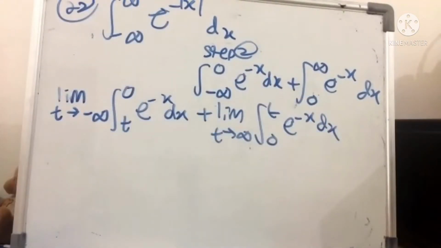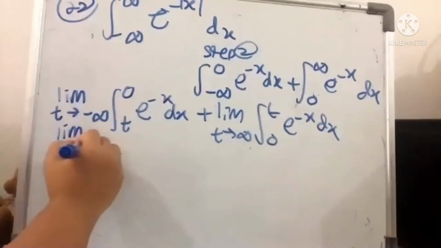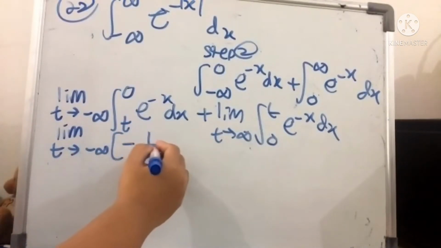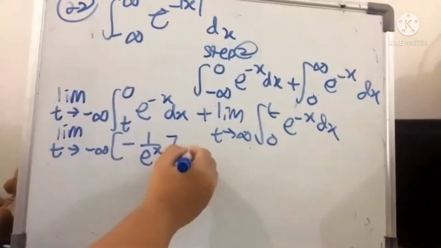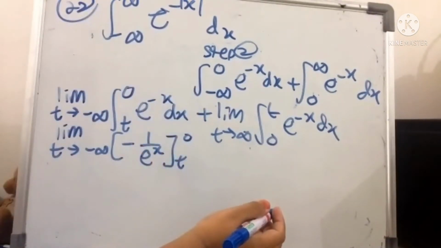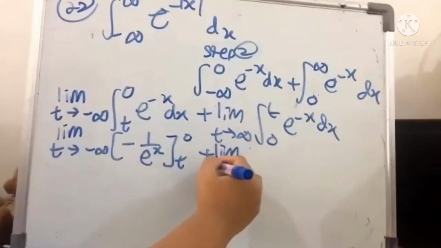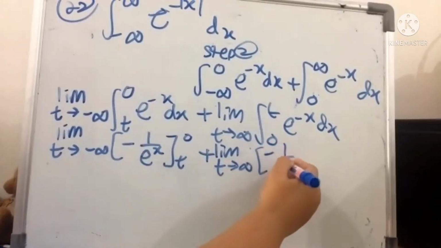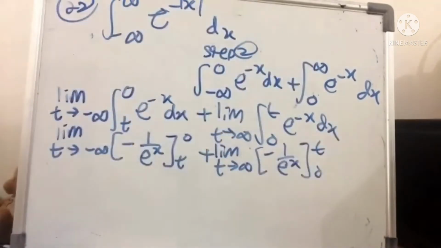Now change into the integration, negative 1 over e to the power of x from t to 0, and then plus the limit t approaching infinity, negative 1 over e to the power of x from 0 to t.